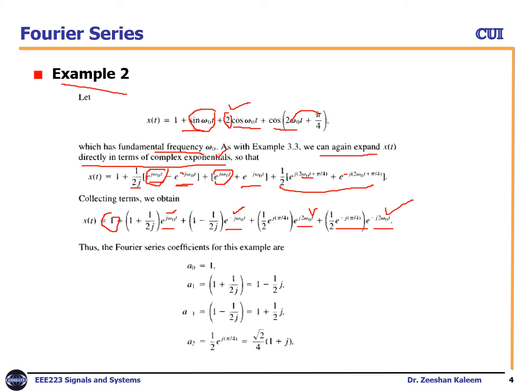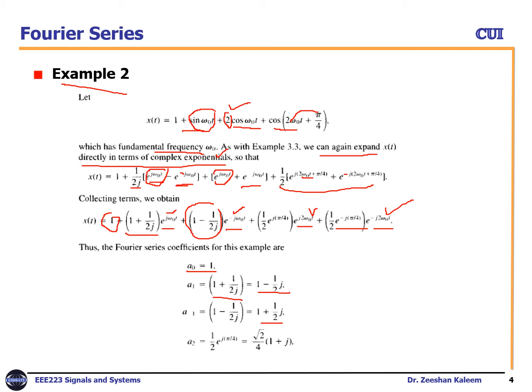So the Fourier coefficients are a naught equals 1, a1 is 1 plus 1 over 2j, or we can further write it this way, 1 minus 1 over 2j. And similarly a minus 1 is this one, 1 minus 1 over 2j. We can further evaluate this way, 1 plus 1 over 2j. The j in the denominator is now in the numerator, because we multiply and divide by j, so that j will be cancelled out.